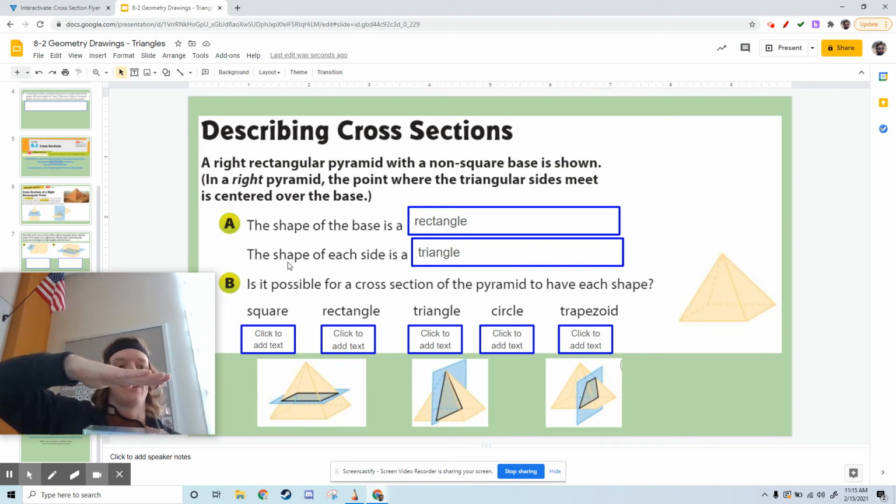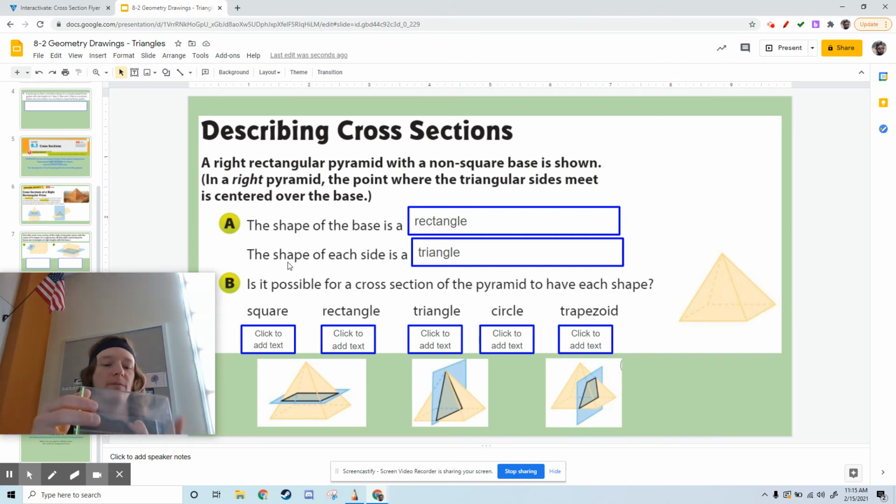Because if I go just flat, I'm going to get a rectangle that's a similar rectangle to this rectangle. So the question is, would it be possible to tilt that cross section to a point where it would make a square?